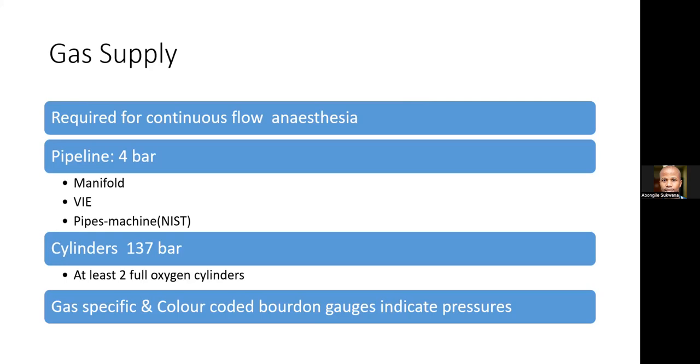Can you see that for pipeline pressures you don't really need a regulator or pressure reducing valve, but for cylinders you do, because it's 137 bar as compared to 4 bar.